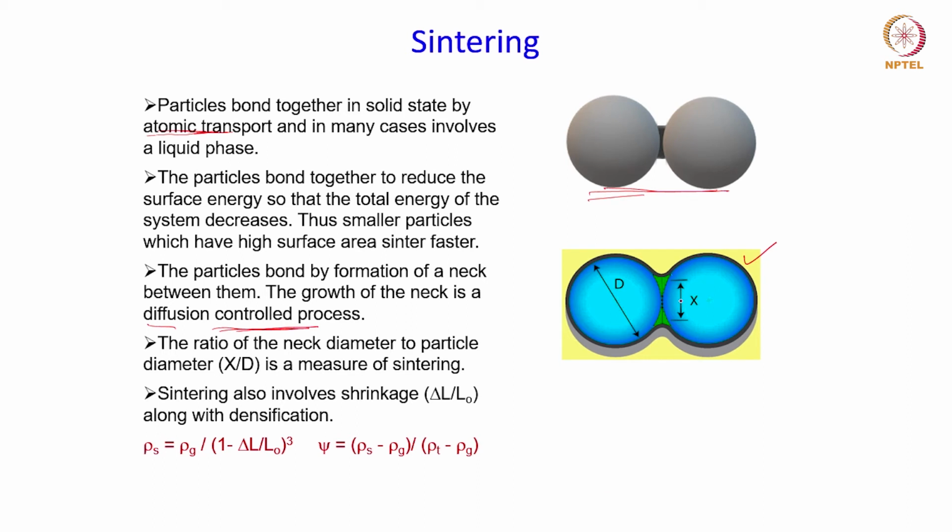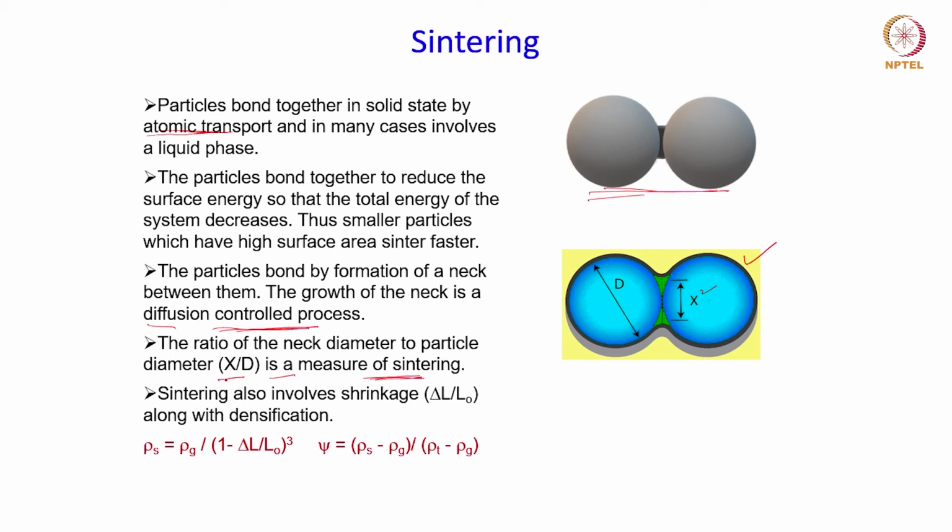So here there is a neck radius, as you could see, which is written as x, and the ratio of the neck diameter to the particle diameter, x by d, is a measure of the sintering. As to what extent the particles have sintered, that can be gauged by looking at this x by d ratio, okay?